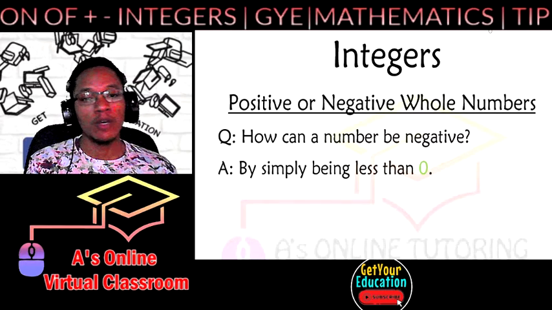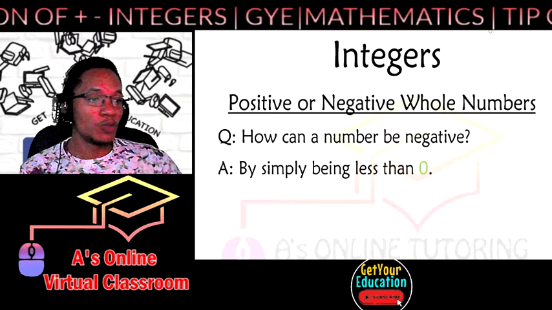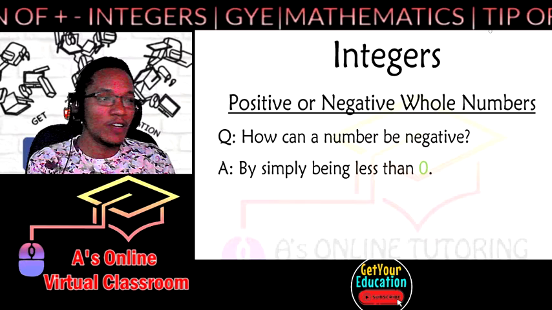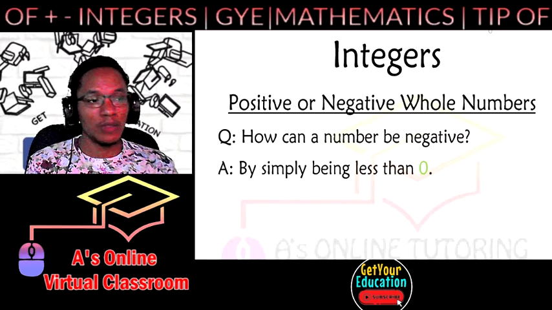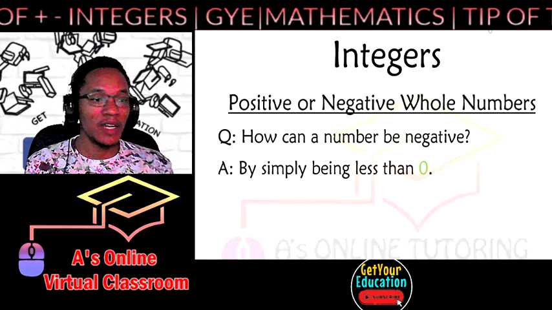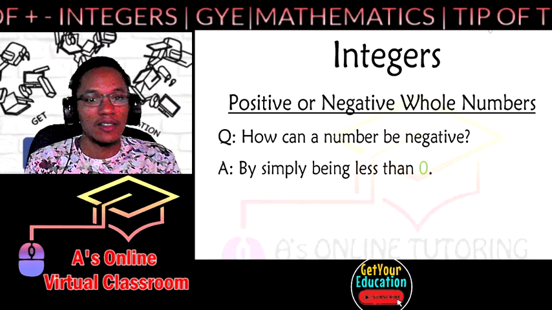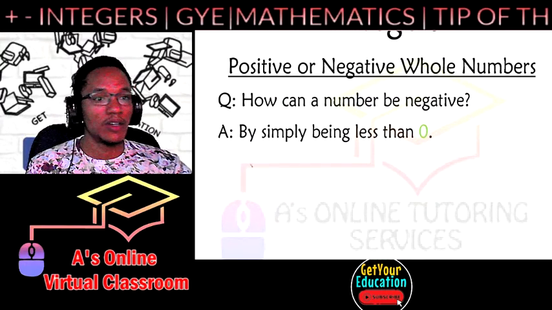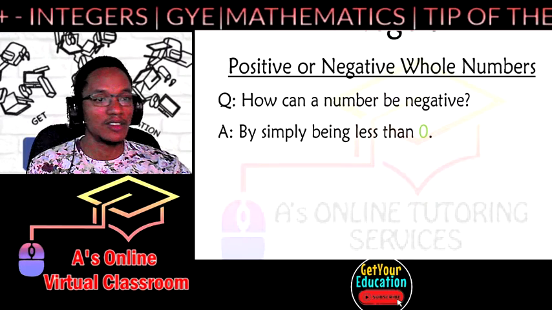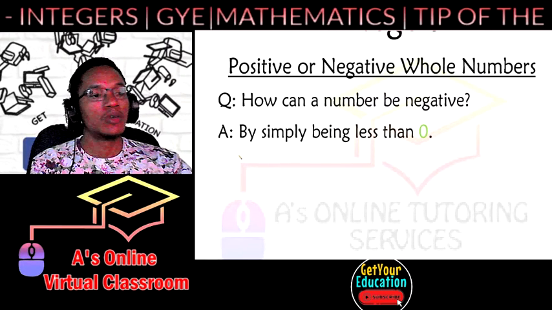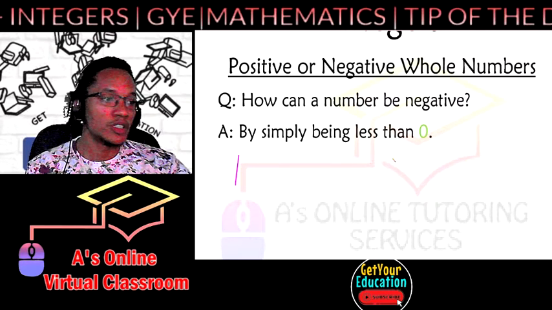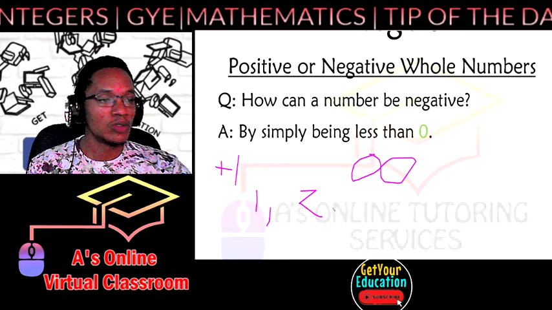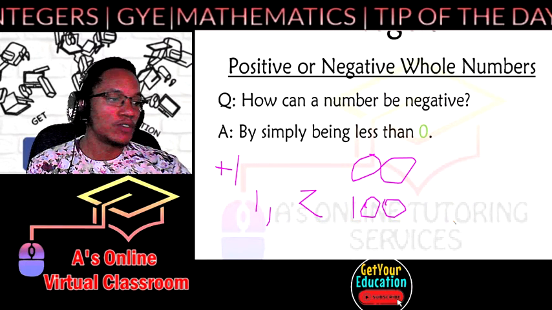Some people might wonder, how can a number be negative? Because we've been dealing with positive numbers since kindergarten, and at the secondary level we begin to look at negative numbers. A number could be negative by simply being less than 0. We have a lot of integers. There are positive integers from 1 all the way to infinity, numbers like 1, 2, 100, 5632.